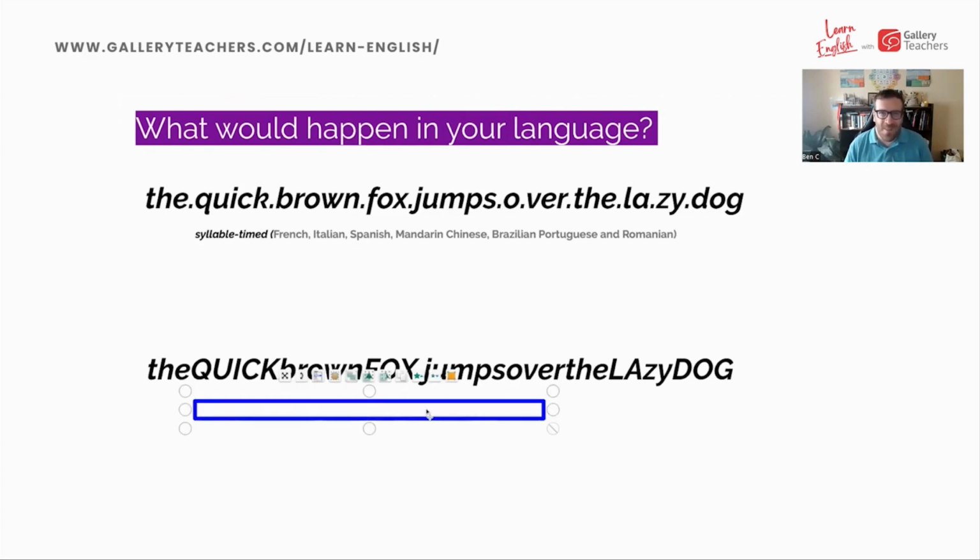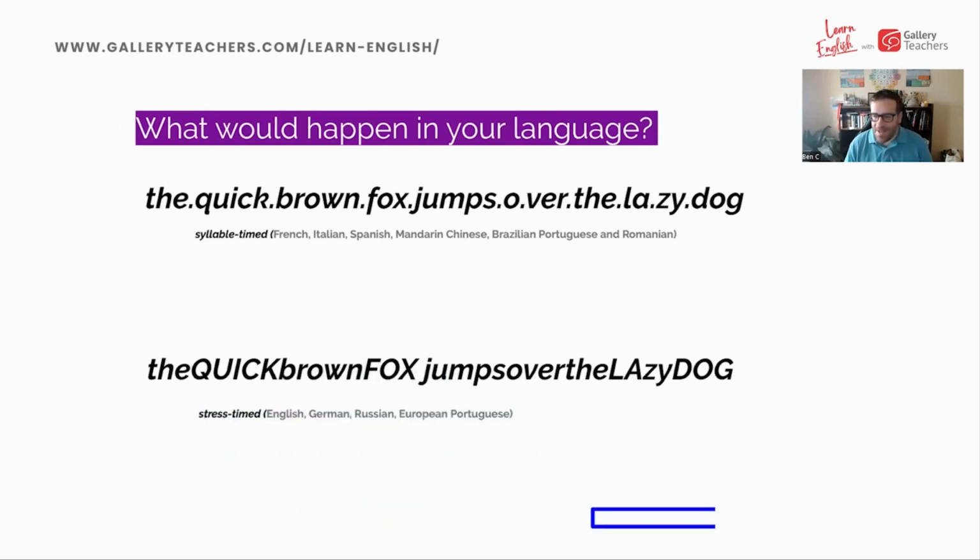One of the things that can make English challenging for students is that the stress pattern is a little different in English. So here we say that the stress pattern is about the important syllables. This happens in English, German, Russian, and in European Portuguese as well. And so we look at words that are important.